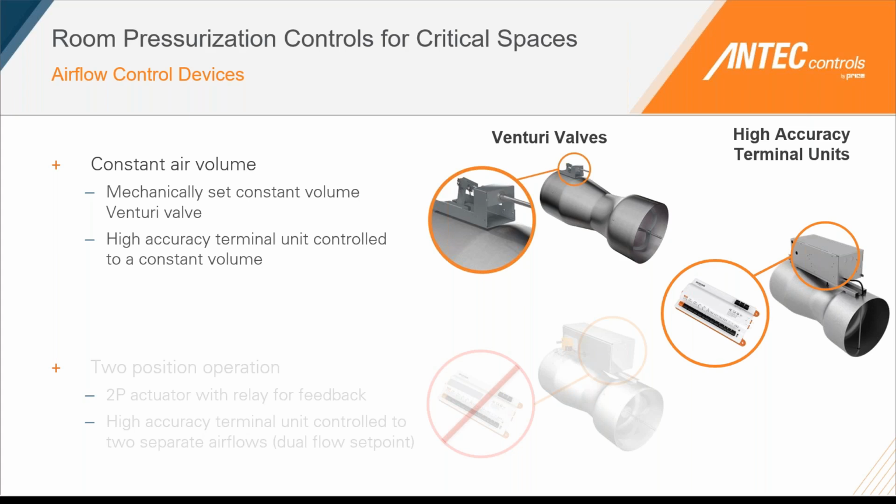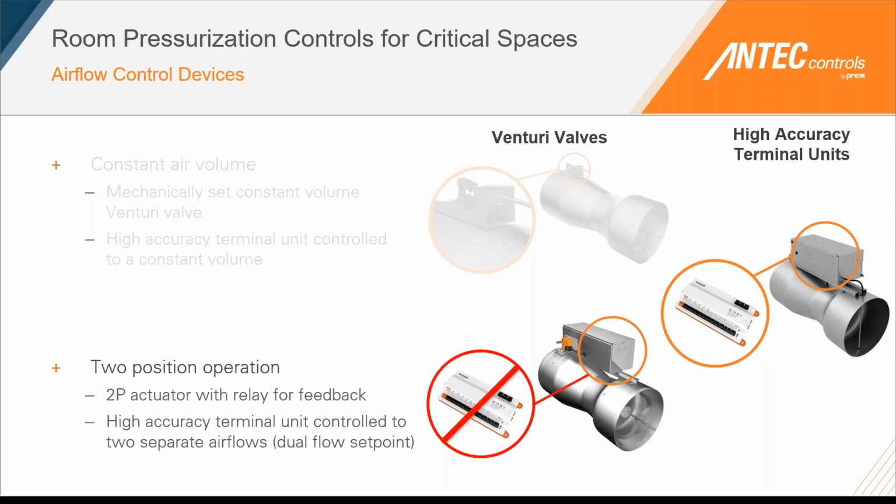Again, these valves need that electronic component to allow them to control airflow independent of pressure. If we want to enable two-position operation with these air valve technologies, for a venturi valve, we could provide it with a two-position actuator with a relay for feedback.